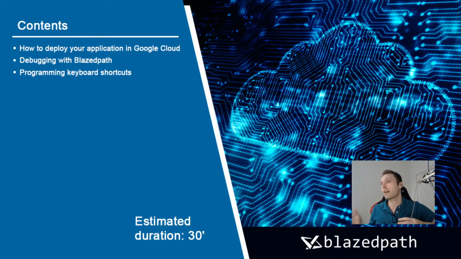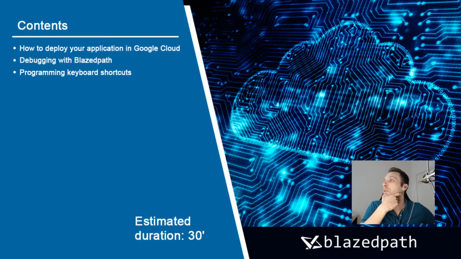You'll see the call stacks, the variable inspectors, and we have the console while you're debugging, like any other debugging tool. And then we're going to go through a quick example of the Google Cloud deploy, and we're going to go over the prerequisites that you have to comply with in order to be able to do the deploy with no problem. So let's start with the keyboard shortcuts for today.